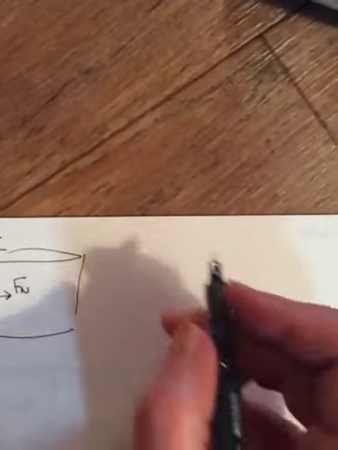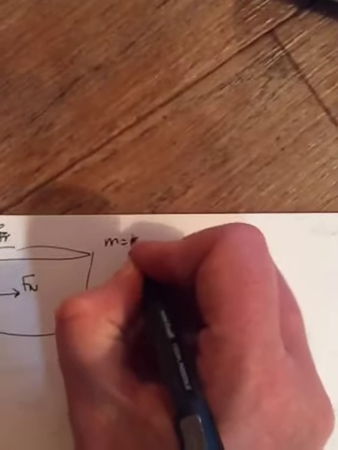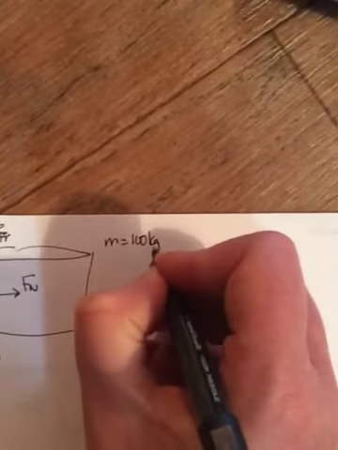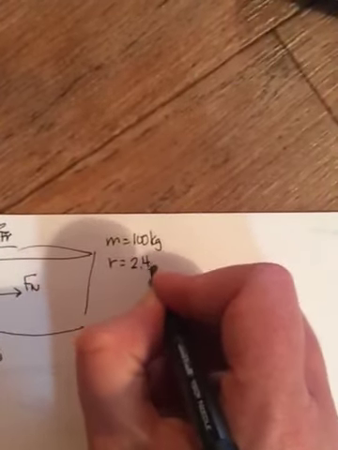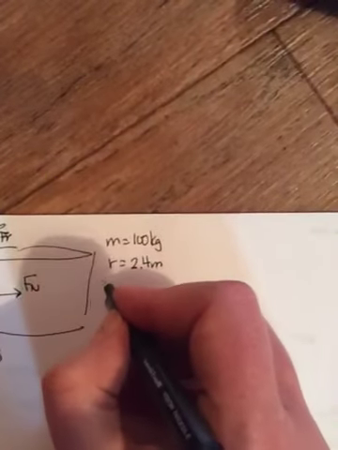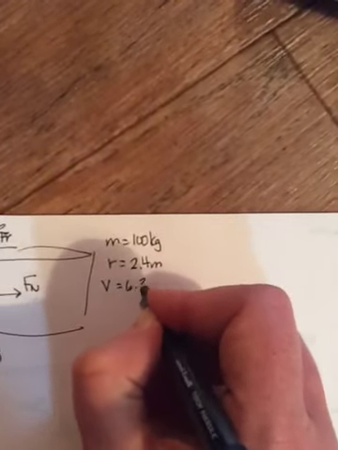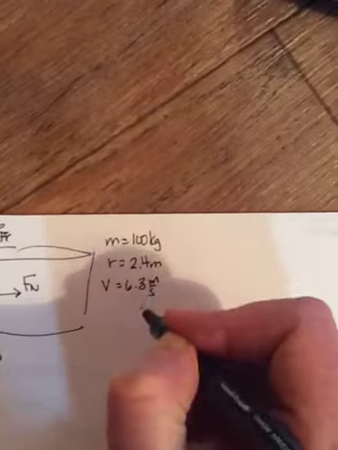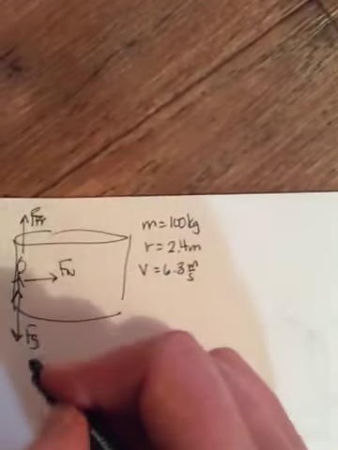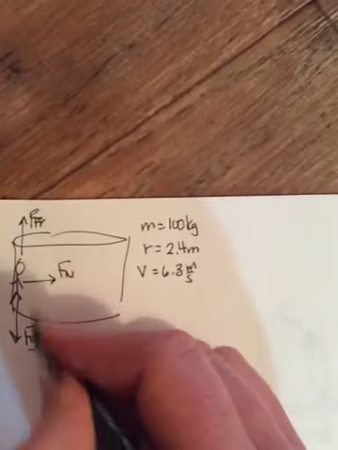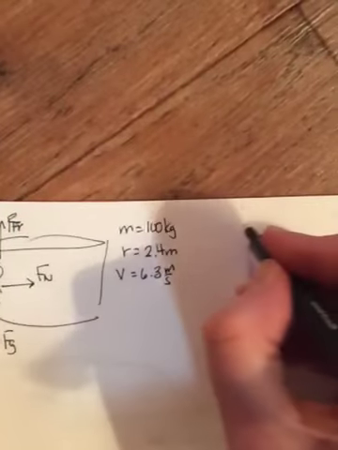So in number 3 it says a 100 kilogram man on a typhoon ride with a radius of 2.4 meters realizes he's moving at a speed of 6.3 meters per second. When the floor drops out, what force must friction provide to keep him from sliding? Well, you want to look at the sum of the forces in the y to get friction.